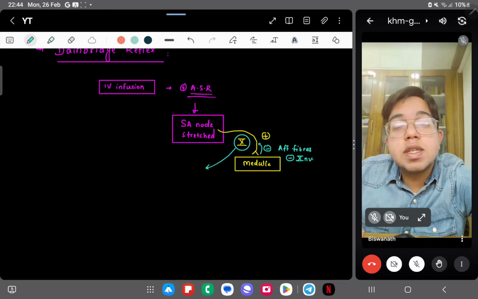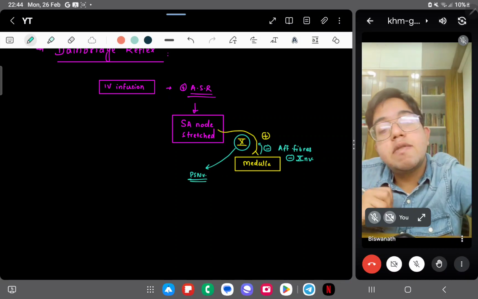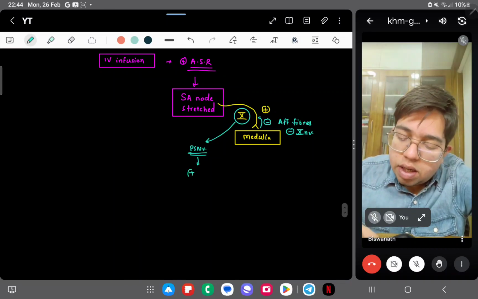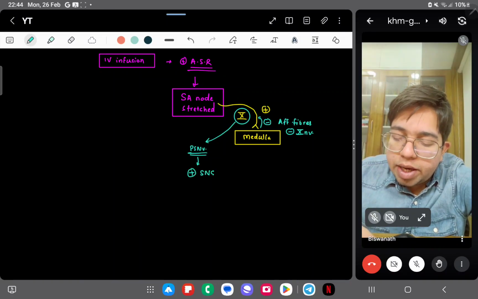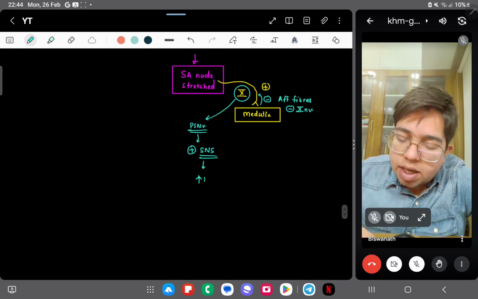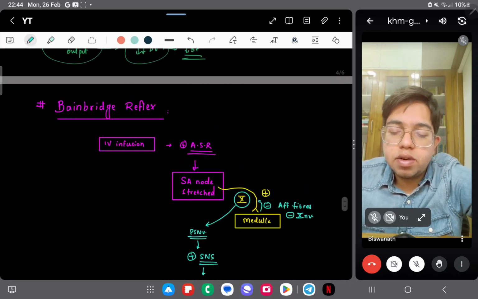What nerve is this? Parasympathetic nerve. You can remember it like this. If this parasympathetic nerve is inhibited, it will stimulate the sympathetic nervous system, and what will this SNS do? Increase the heart rate, increase contraction, all such things. It will increase the BP.